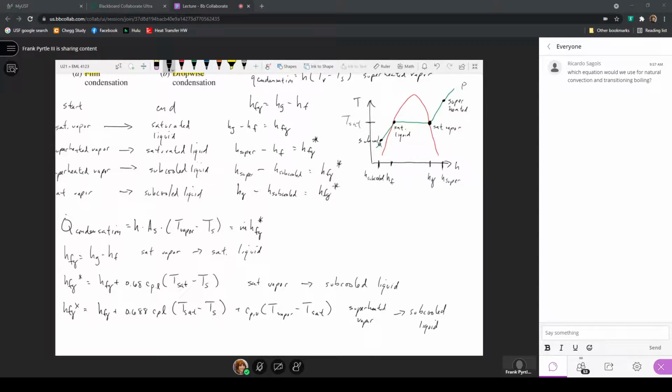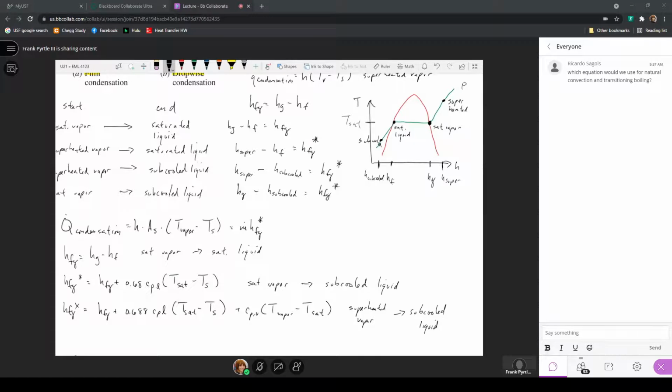If I'm going from a saturated vapor all the way down to a saturated liquid, HFG describes the enthalpy difference between the saturated vapor and the saturated liquid. Now, since this is already a liquid phase, we'd be going down from the saturation temperature to whatever the subcooled temperature is, and that would be the temperature of that surface. So empirically, it was determined that we could express this additional change in enthalpy as I move from saturated liquid to a subcooled liquid as 0.68 times the specific heat of the liquid phase times the saturation temperature minus the surface temperature.